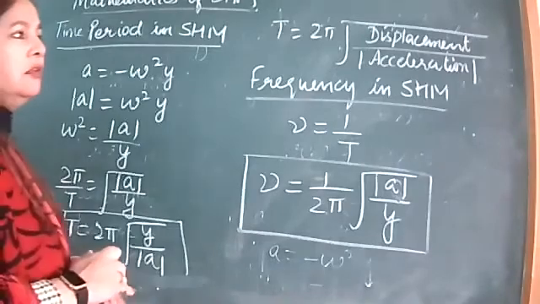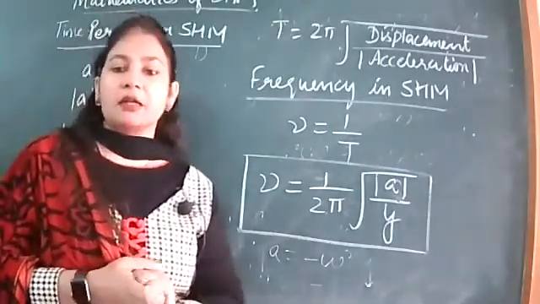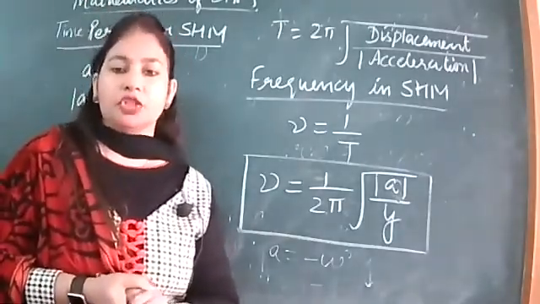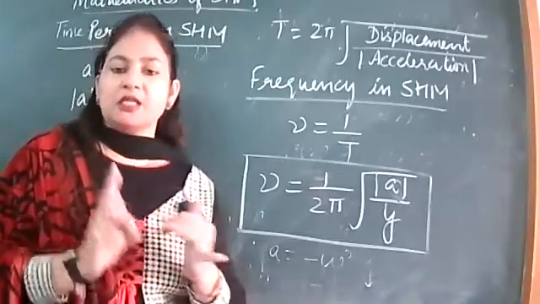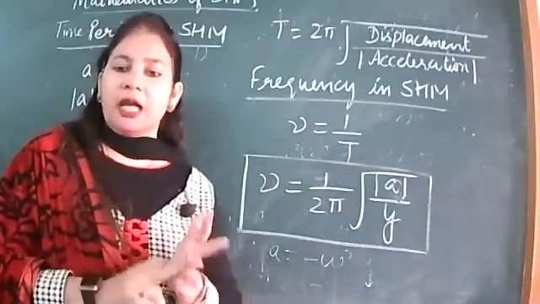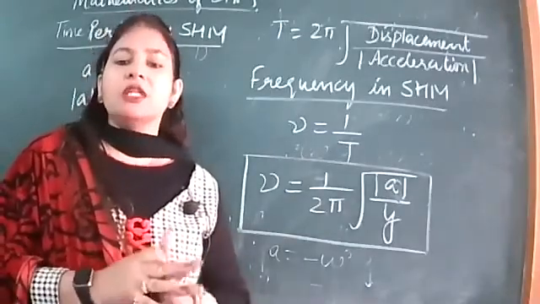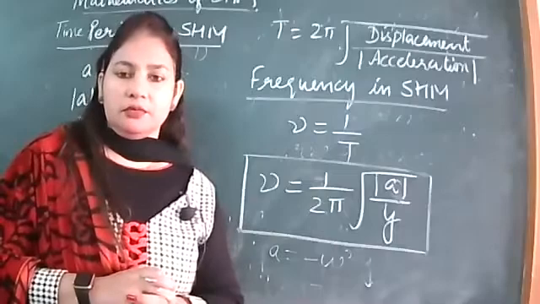So we have done whole of the mathematics related to simple harmonic motion. Any doubt? Displacement in SHM, velocity in SHM, acceleration, time period, frequency in SHM. All these things should be clear to you.